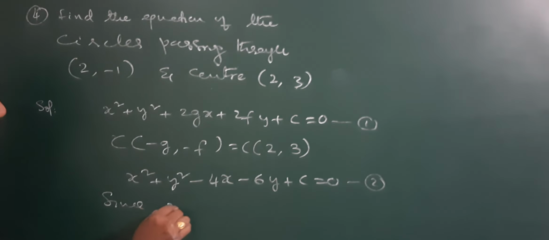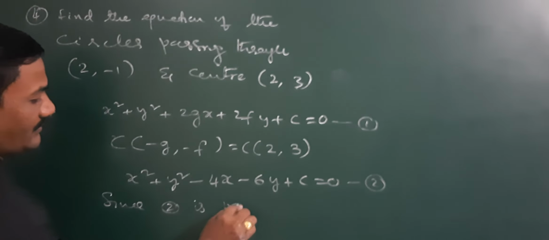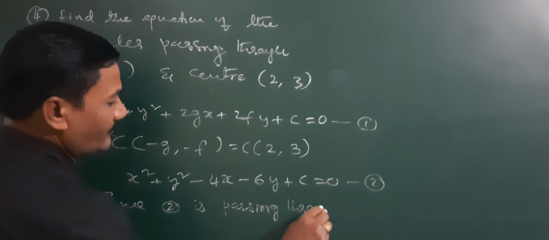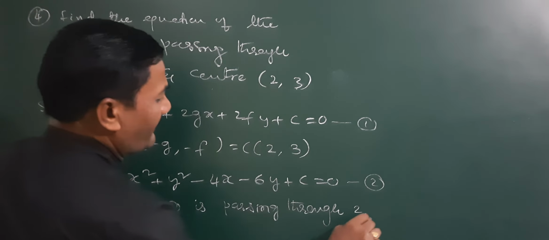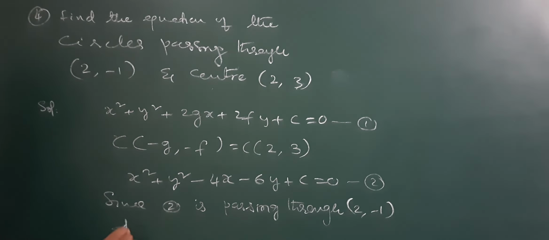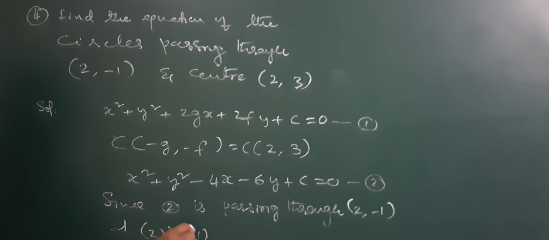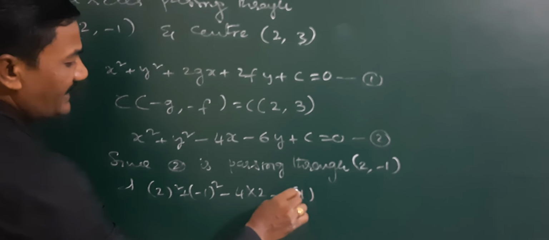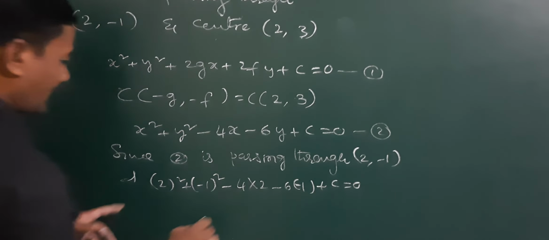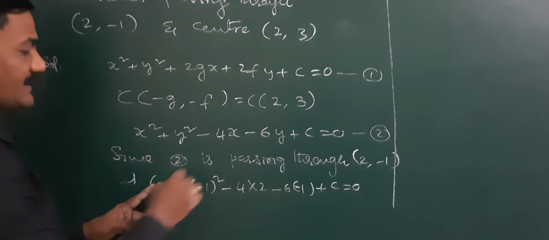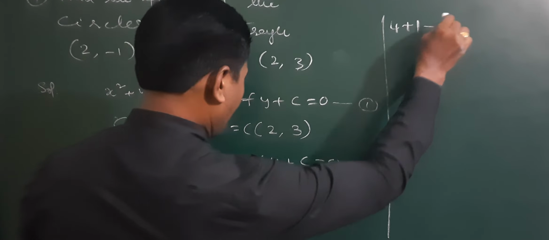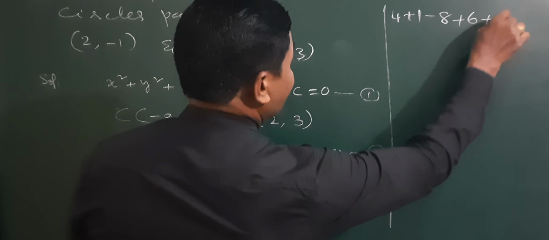Since equation 2 is passing through 2 comma minus 1, that implies x is replaced by 2 and y is replaced by minus 1: 2 whole square plus minus 1 whole square minus 4 into 2 minus 6 into minus 1 plus c is equal to 0. So you can simplify this. 4 plus 1 plus minus 8 plus 6 plus c is equal to 0.